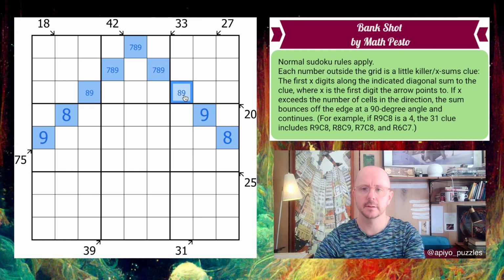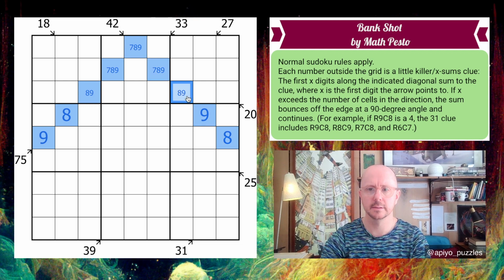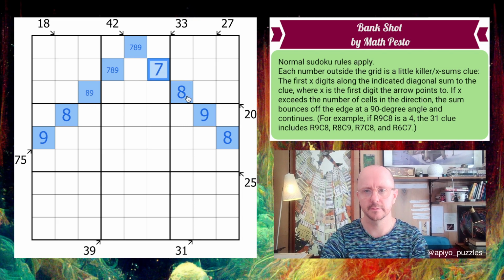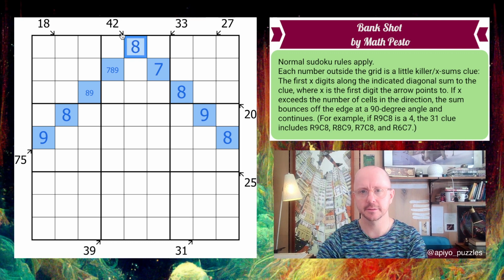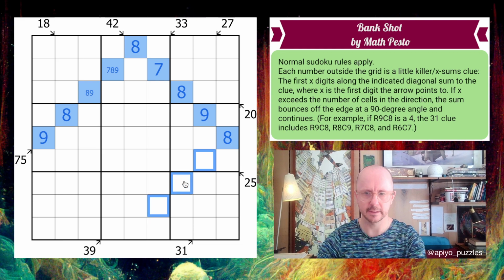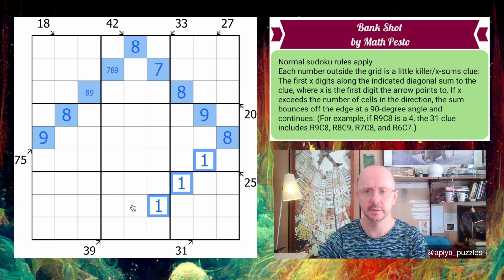Yeah, actually I don't think you can do that. You can't do this because this would be a minimum 8, but now we've got this 42 clue to contend with, so we've got 15, 23, 32, 40, and we'd need 3 more cells that sum to 2, and you can't do that even with just ones.